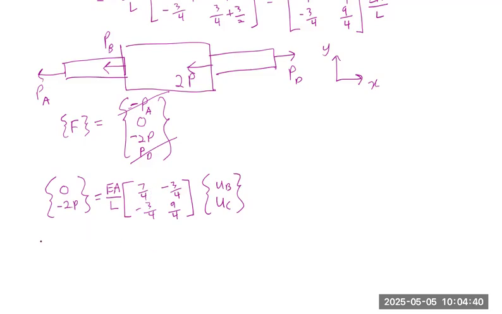So we are going to get 7 over 4 EA over L UB minus 3 over 4 EA over L UC. And this entry is equal to 0.